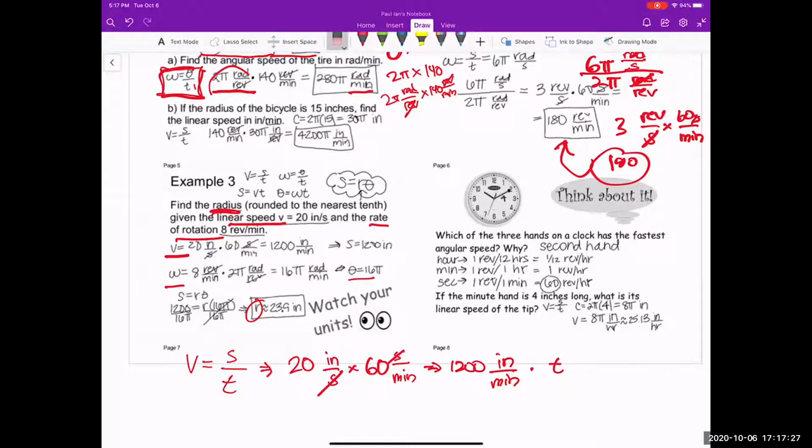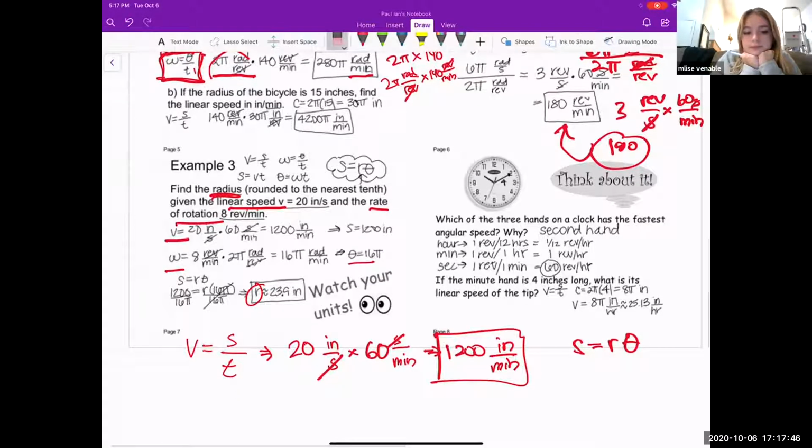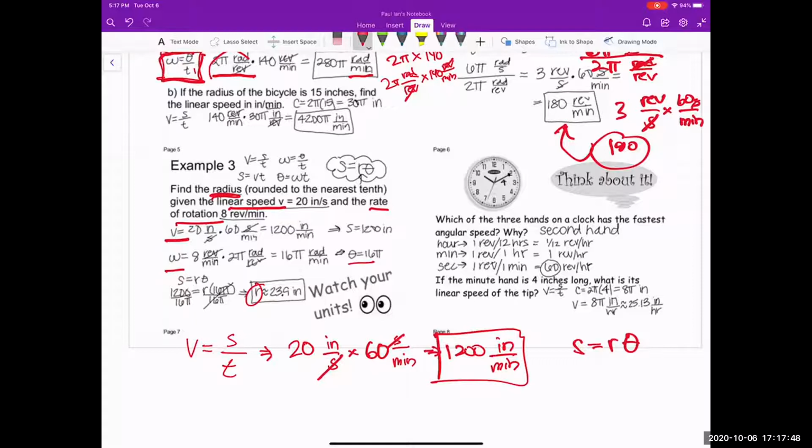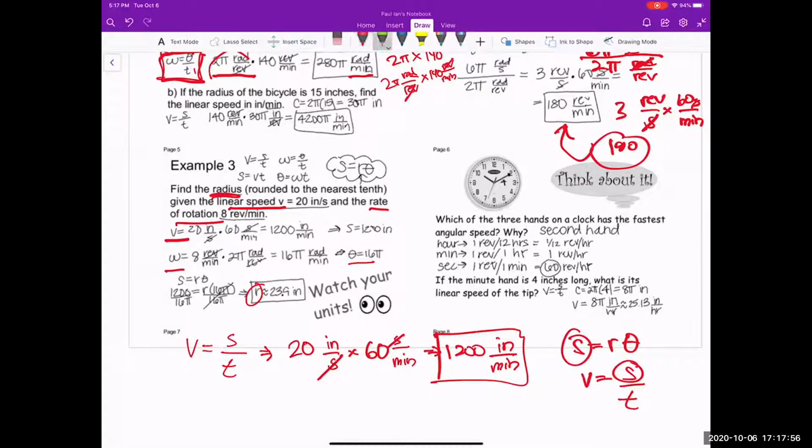Oh, I see what they did now. This is your V, right? And do you remember this equation, s equals r theta? This s is the same as this s in here. The ultimate goal is to find this r.